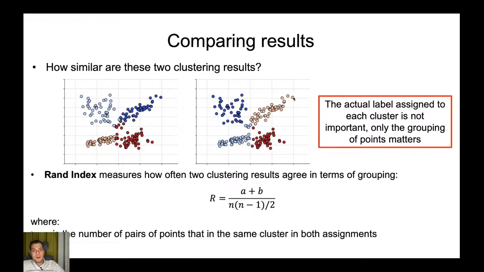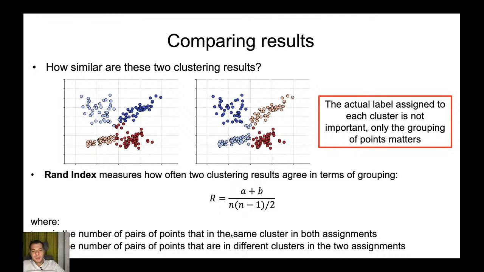These two data points are in the same cluster. So we add these up here. Then we also have the number of points that are in different clusters in both assignments. So we take this point here and this point here. These belong to different clusters here, and these points also belong to different clusters here. So this means that these are in different clusters in both assignments.